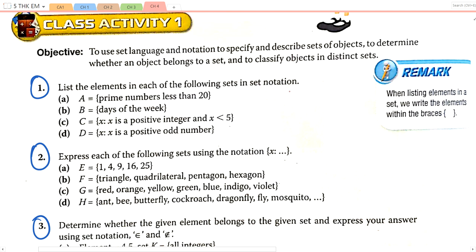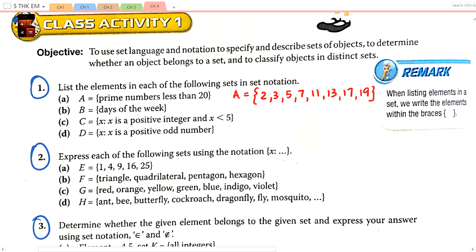So our answer will be, prime numbers less than 20. We've got 2, 3, 5, 7, 11, 13, 17, 19.